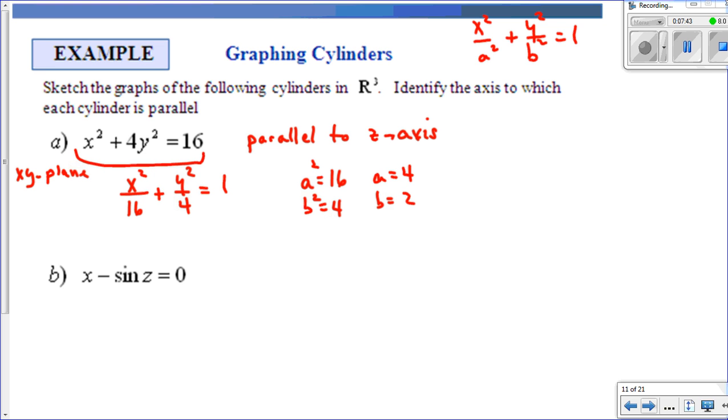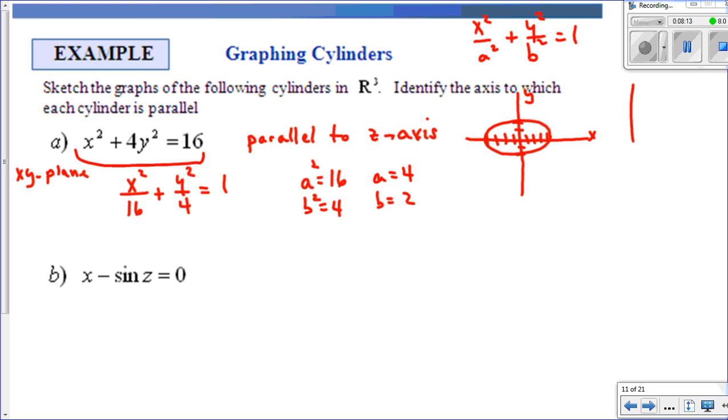If I were graphing this ellipse in just the xy plane, I would go 4 each direction. Since it's x squared, y squared, and there are no other x and y terms, I know it has center at the origin. And then the minor axis has length 4, half of which is 2. So that's the graph of the ellipse in the xy plane.